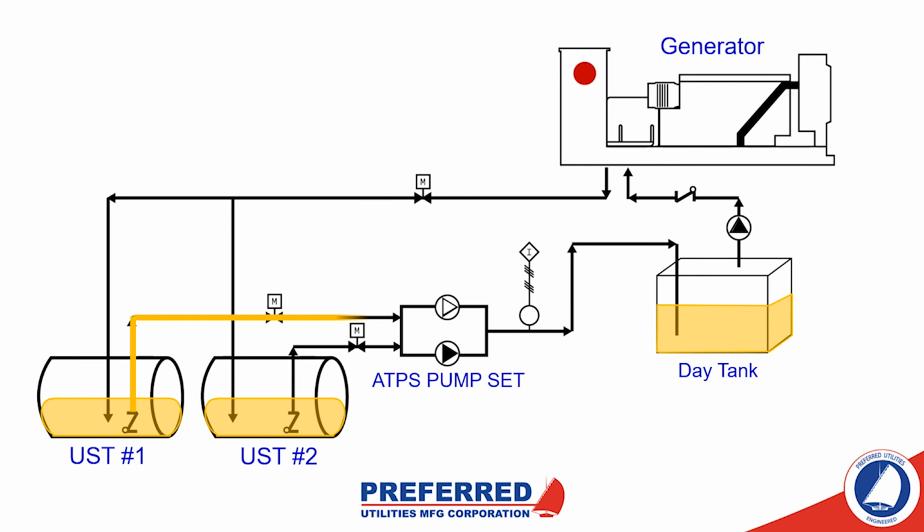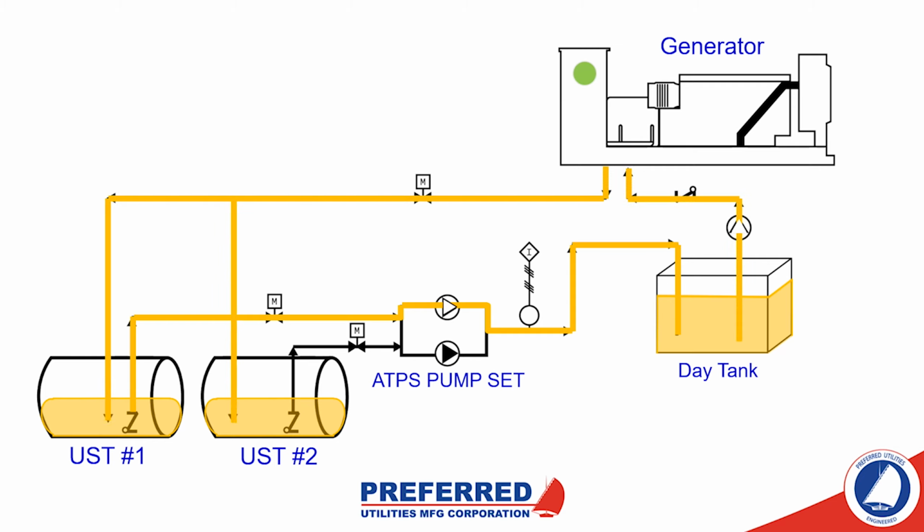So this drawing is here to illustrate how we can mitigate the fuel temperature climbing issue in the day tank. The way that we can do this is to reconfigure the piping so that the generator is not just pulling fuel from the day tank and returning it back to the same day tank, but in fact returning the fuel directly from the generator engine to the main bulk storage tank, or tanks in the case of the drawing.